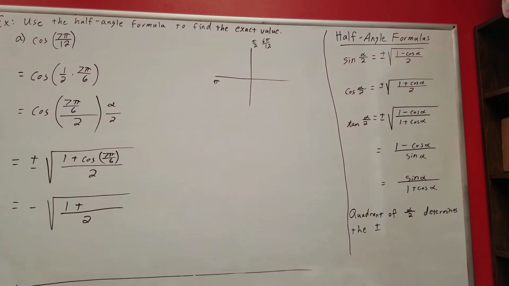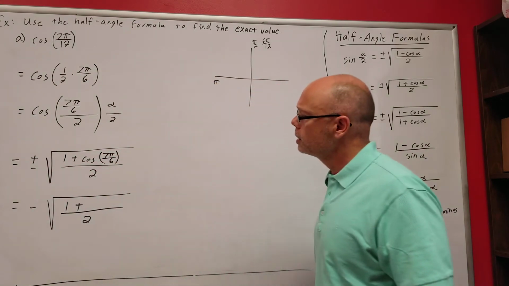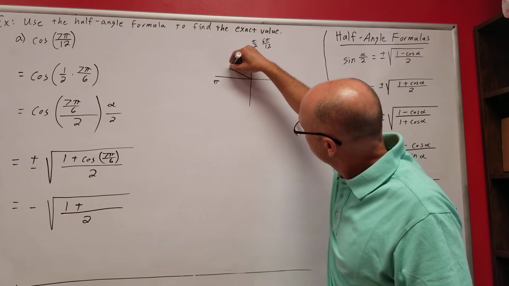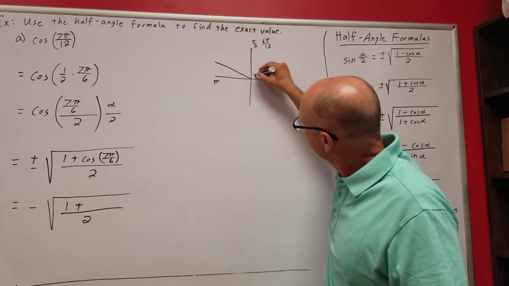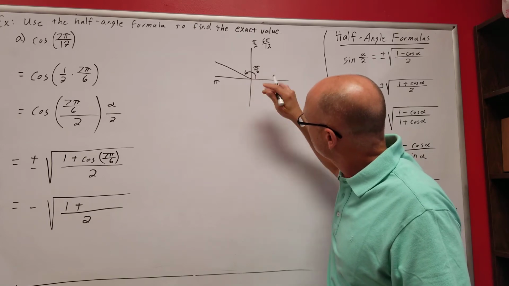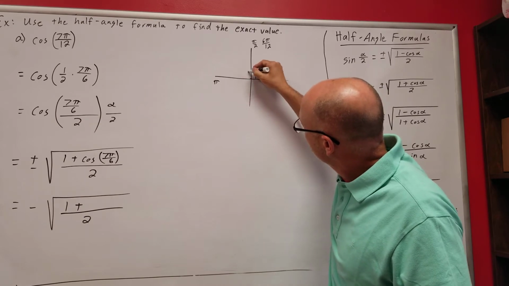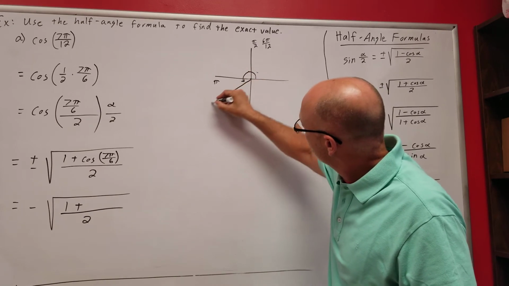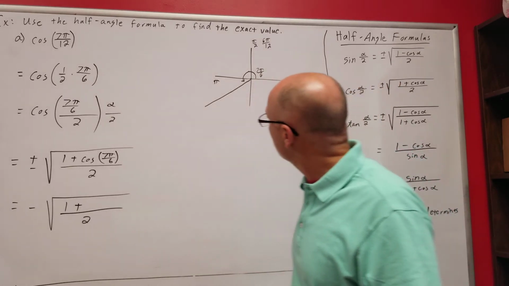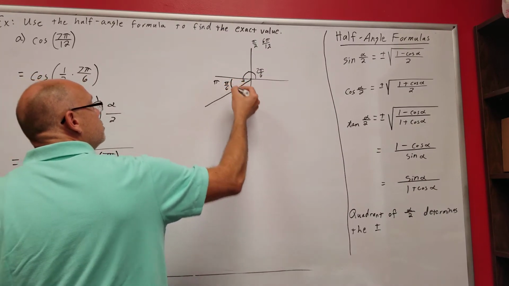Let's find the cosine of 7 pi over 6. Where is 7 pi over 6? It's like right here, right? Oh, no, I'm in the wrong quadrant here. Let me keep going. Where's 7 pi over 6? Right here. What reference angle goes right here? Pi over 6.